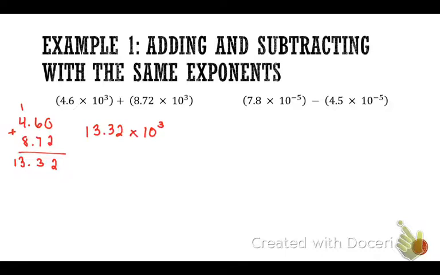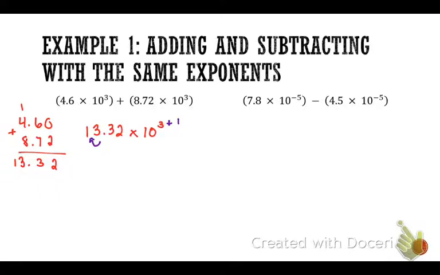Which way do I need to shift my decimal so that I have a decimal value greater than 1 but less than 10? To the left. I must shift it how many places? 1 place to the left, which we know is 1 power of 10. If I shift it 1 place to the left, I need to increase my exponent value by 1, and those actions offset each other.